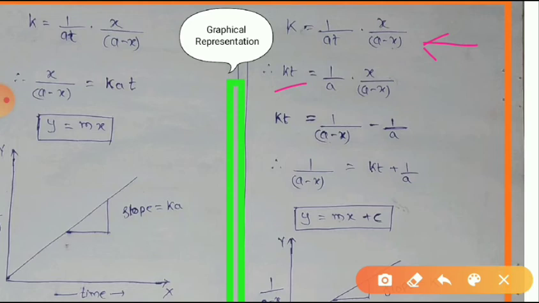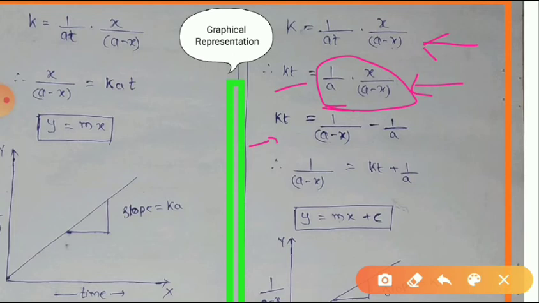If you remember, while solving the integrated rate equation, in the last two steps we obtained this equation, the same as the integrated rate equation but in reverse. If you solve this, we get k t equal to 1 upon a minus x minus 1 upon a.